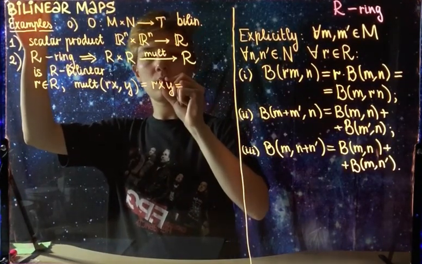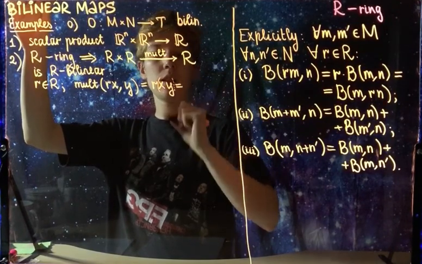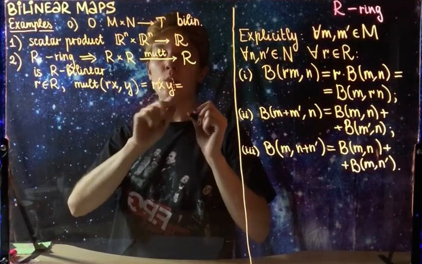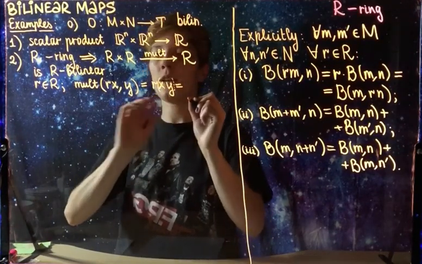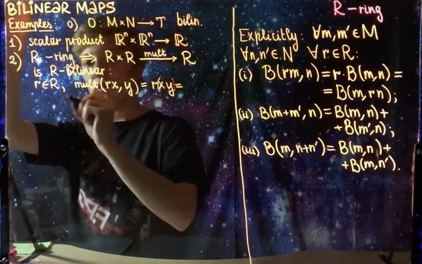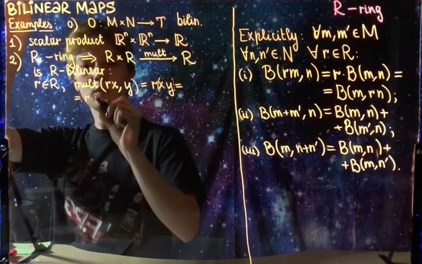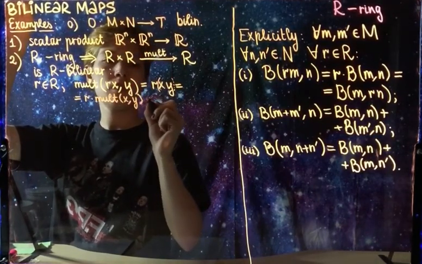So if I mark xy as the first multiplication, then I can view xy as the result of applying mult to x comma y. So it is equal to r times mult x comma y.